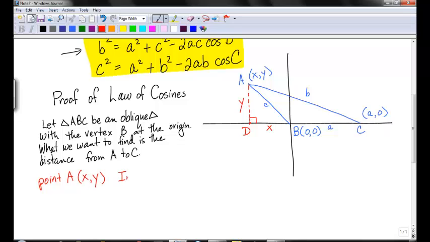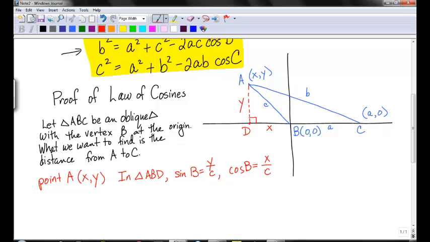In triangle ABD, what's the sine of angle B? Opposite over hypotenuse would be y over c. And cosine of angle B would be x over c, adjacent over hypotenuse.